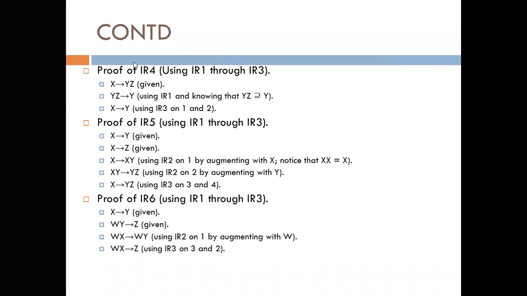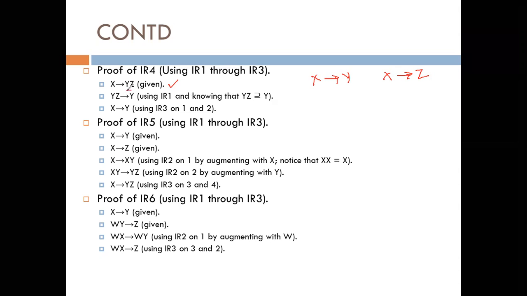The proof for these rules can be inferred like this. Here the given one is x determining yz, and the proof we must provide is x determines y and x determines z.